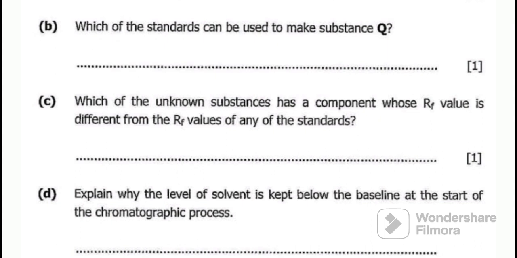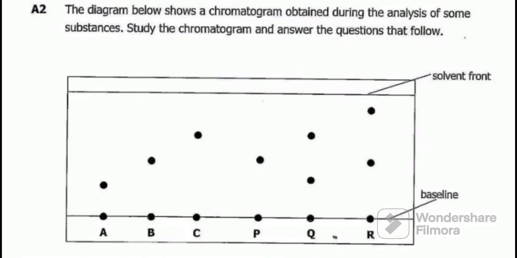This is to prevent the dissolving of the components into the solvent instead of moving upwards. If the level of solvent is kept above the baseline, then the components will dissolve in the solvent instead of moving upwards.